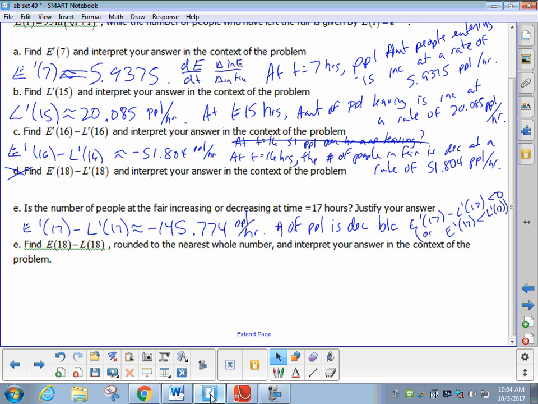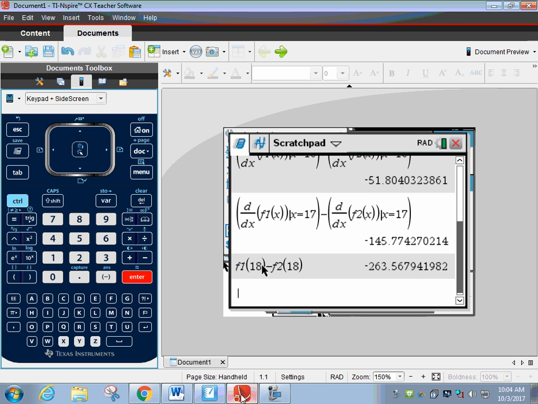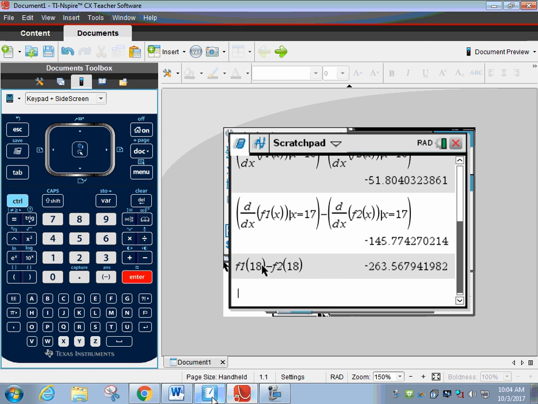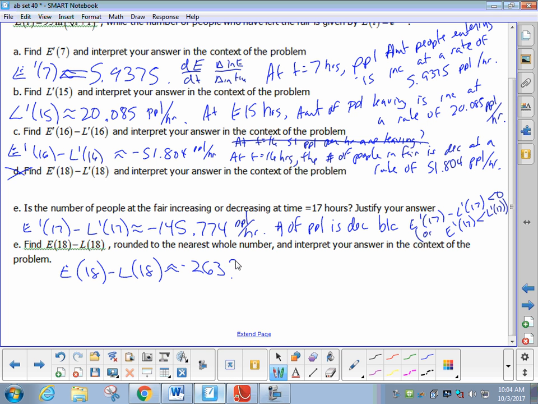What did you get for E of 8, negative 263? This actually is kind of a crazy answer. Did you get something like negative 263-ish? Okay, negative 263.568. All right, what does this imply then?